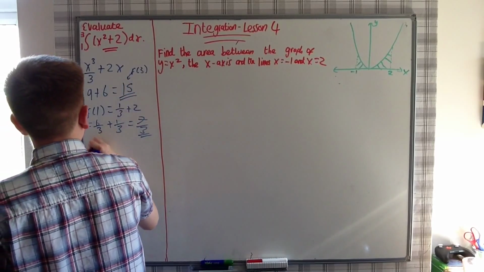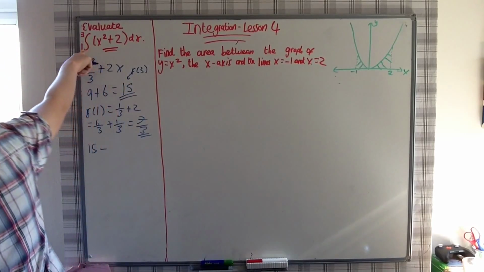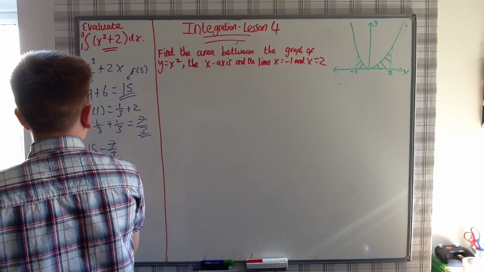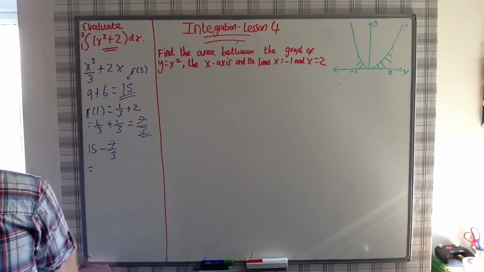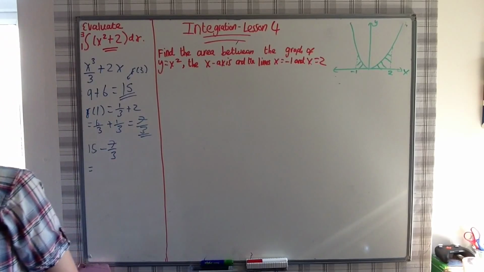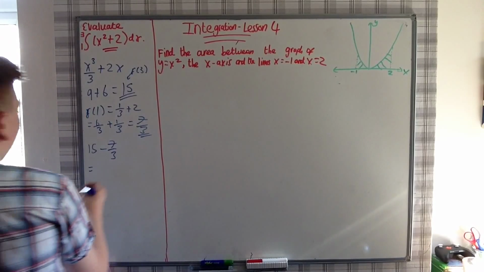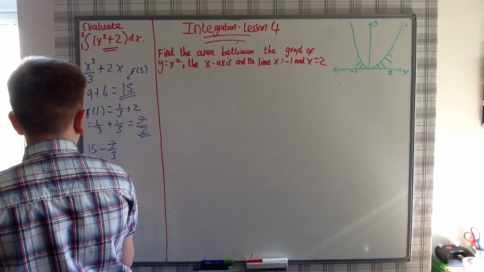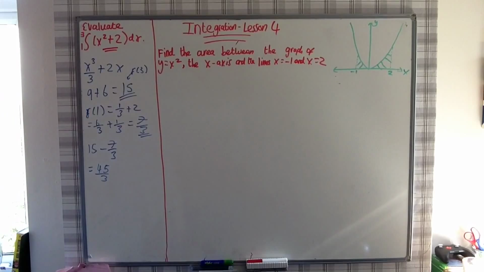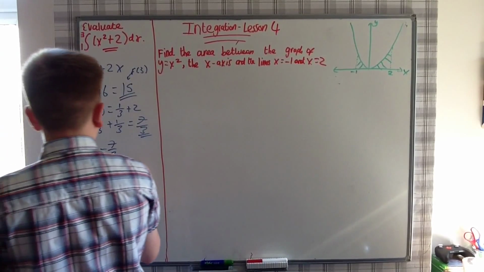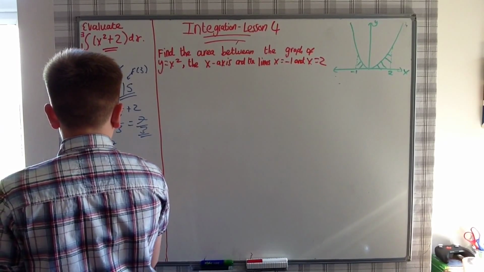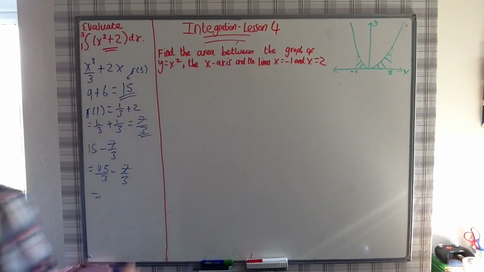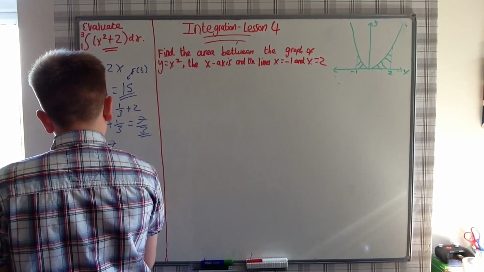So all we're doing is 15 minus what we got when we subbed in our lower limit. So a good way to do this would be to make both divided by 3. So 15 can become 45 divided by 3, minus 7 divided by 3. And this gives us 38 over 3.